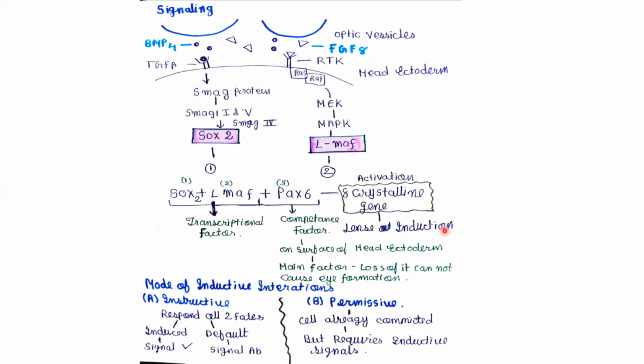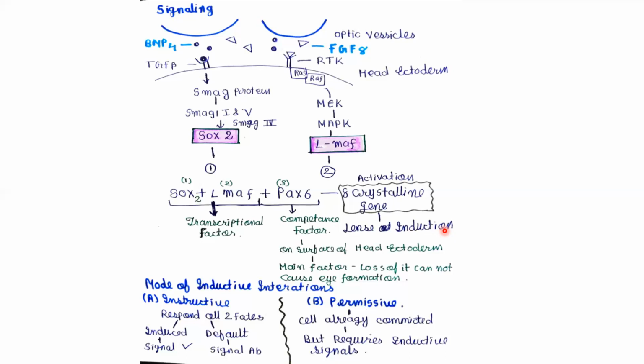So this was the basic concept of induction and competence, and there are two types of inductive interactions. First is instructive interactions, and second is permissive interactions. In instructive interactions, responding cells have two fates. If induced by a signal, then they will show a different fate, and if they do not get inductive signals, then they will show their default fate.